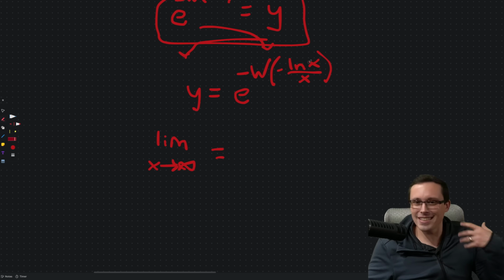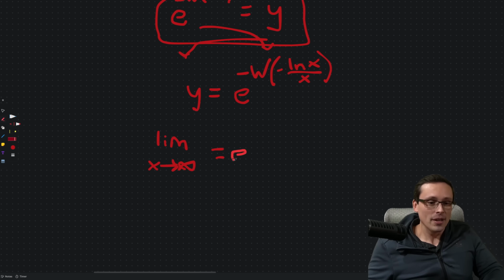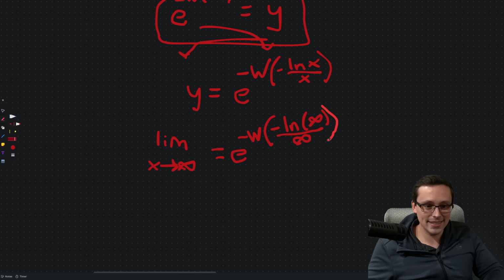Now, infinity is not technically a number, but you could just kind of imagine it as representing a super big input. So what if I basically had the natural log of infinity here, and then divided it by infinity? Now, you can't actually do that, so we should just think of these as really big numbers.